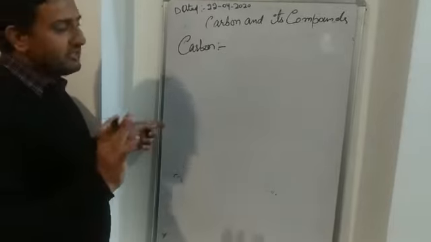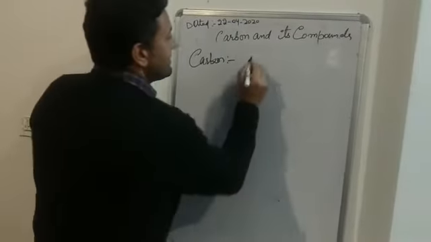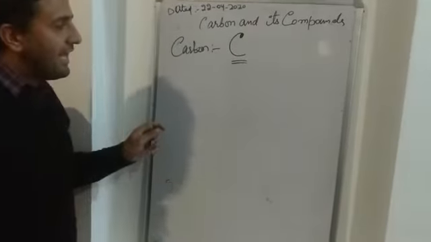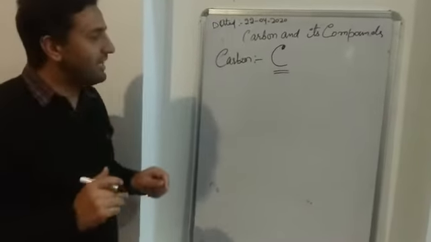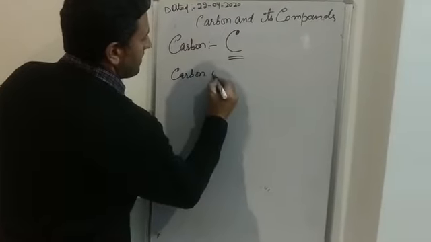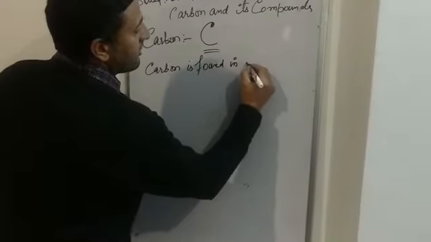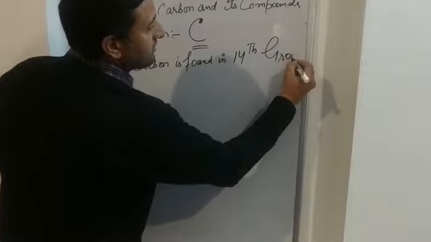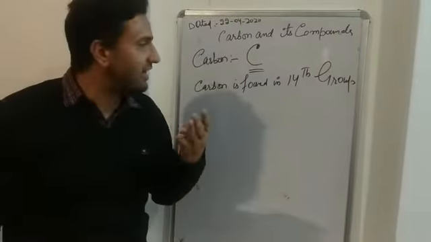In chemistry, carbon is represented by a short symbol C. And it's found in the periodic table, in the 14th group of the periodic table.